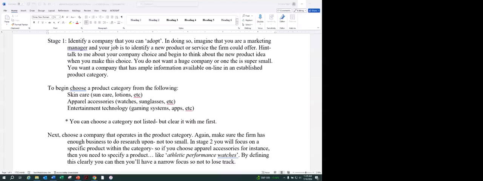It's not realistic for a company to offer a product that it may not have a lot of success in producing, or a product that doesn't make sense in their product portfolio. So eventually we'll choose a product, but at first, when you think about the company, that's it.